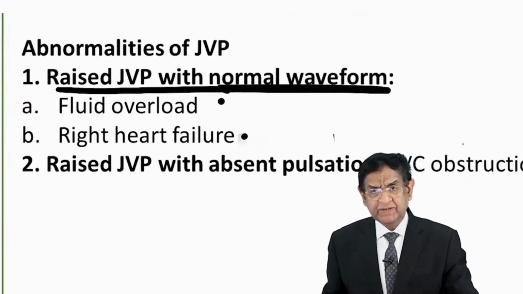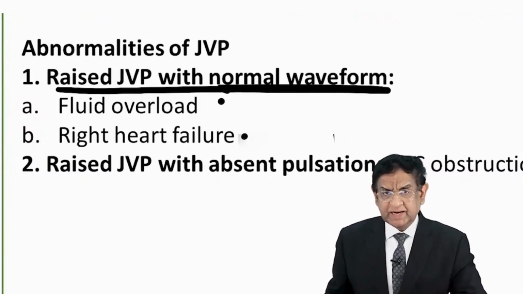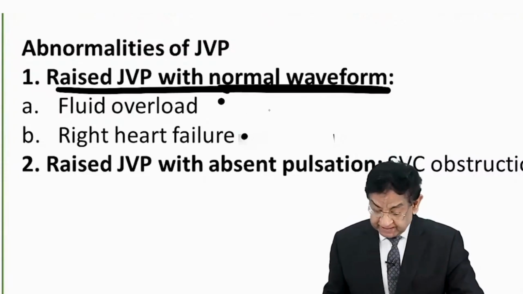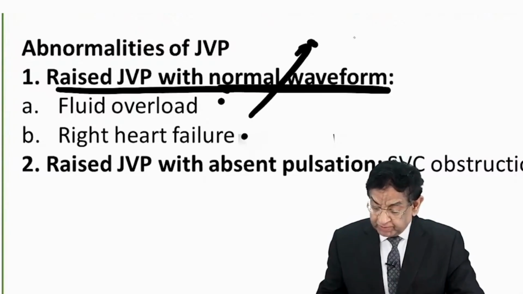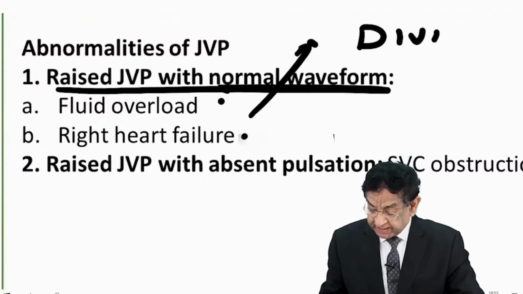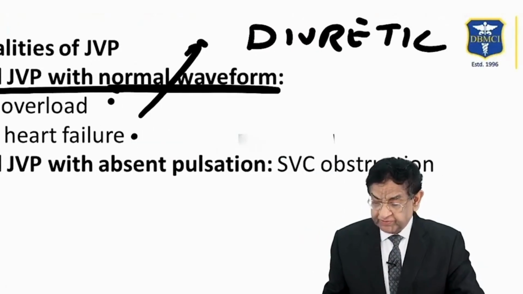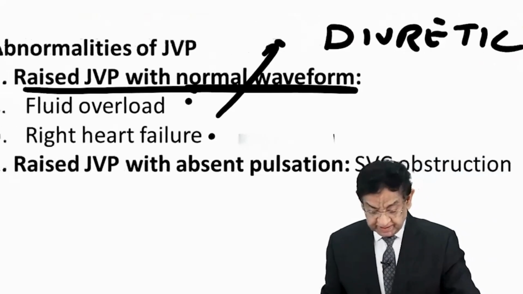In fact, it's one of the important diagnostic criteria of right ventricle failure, to be more precise, and these are the patients who will be needing diuretic therapy. Okay, simple. Right ventricle failure, diuretic therapy will be needed.